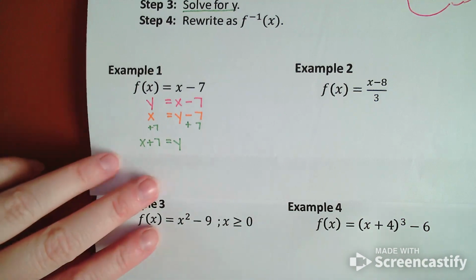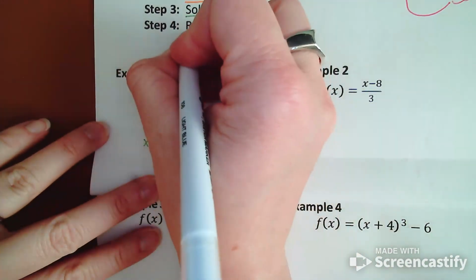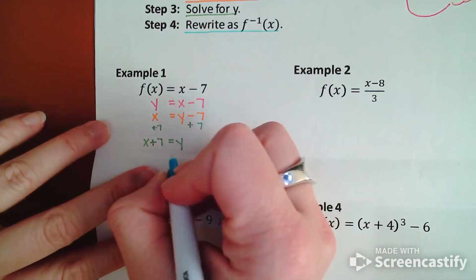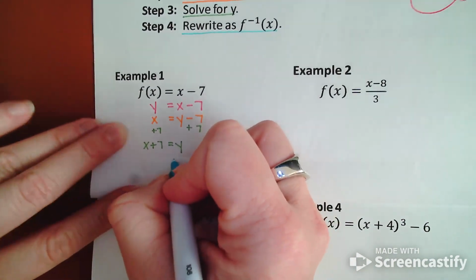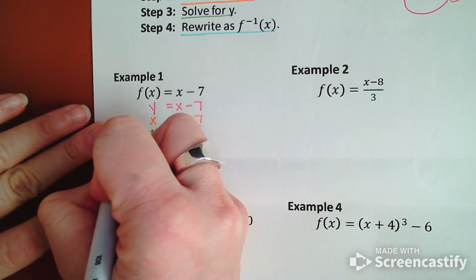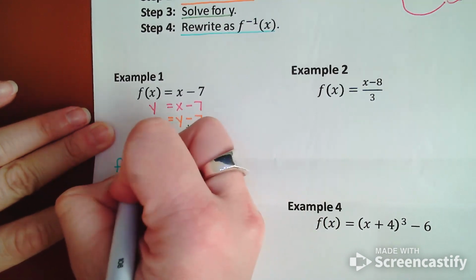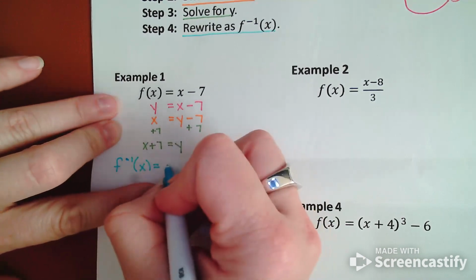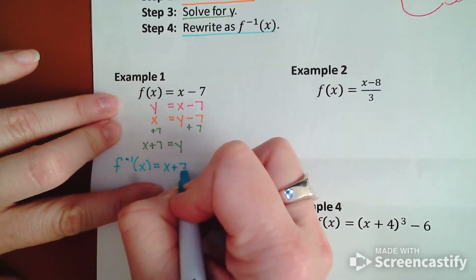I have solved. So now our final step is going to be to rewrite, instead of y, I'm going to rewrite this as, what is this going to be? f inverse of x equals the rule, which is x plus 7.